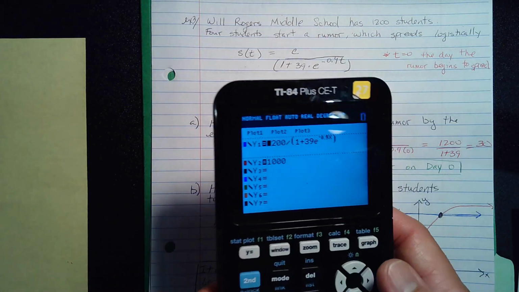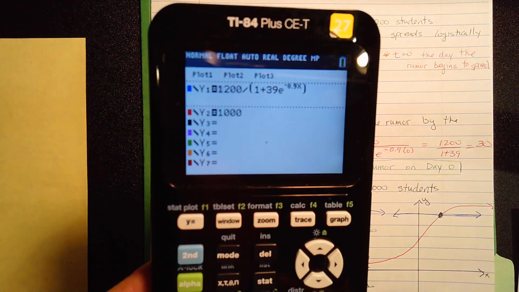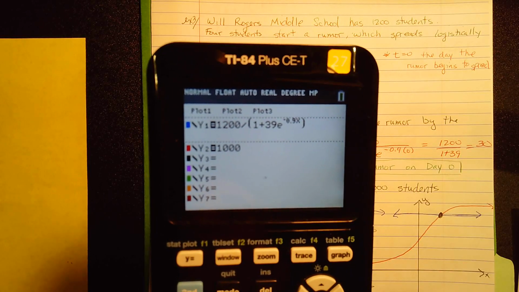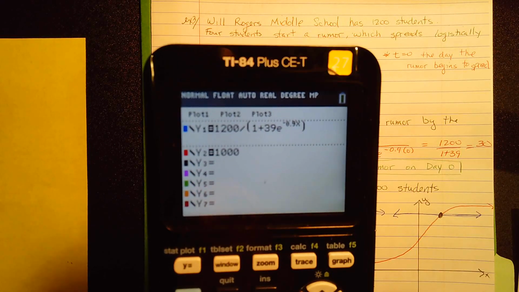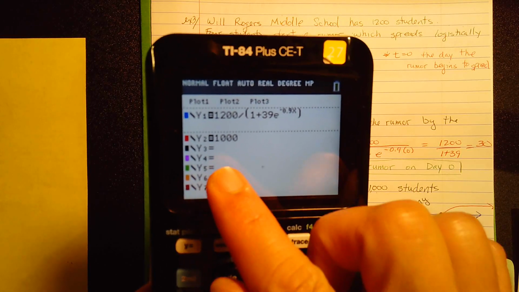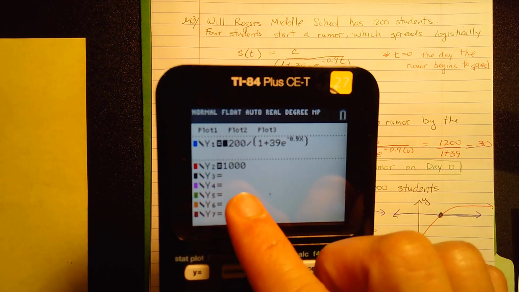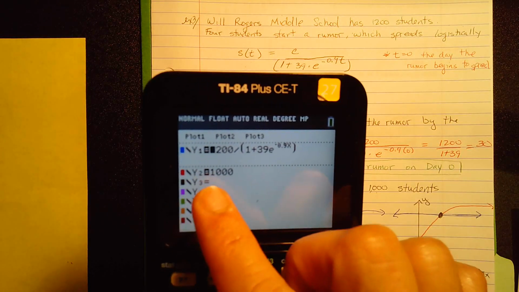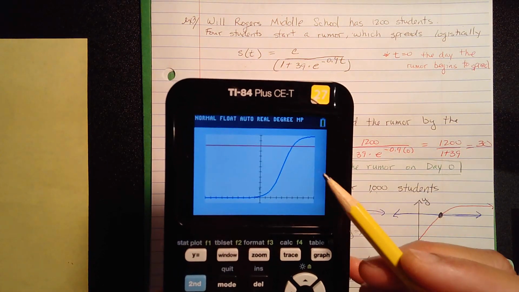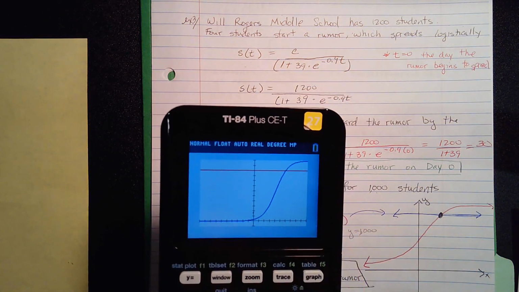Okay, so I typed in y equals 1200 divided by 1 plus 39e to the negative 0.9x. And I put in my second equation, y equals 1,000. So remember, whenever it's y equals a number, it's a horizontal line. So this is what you're looking for. You're looking for this intersection.